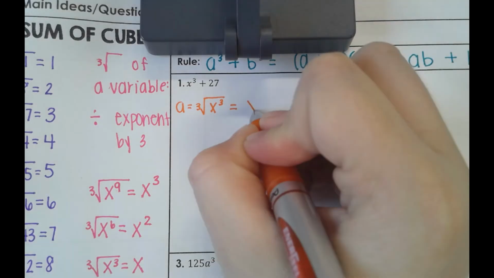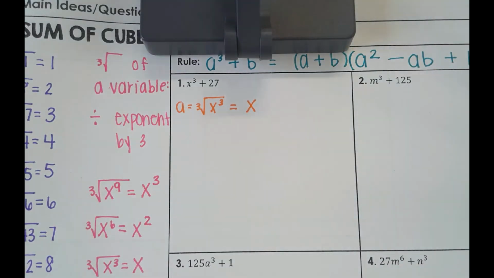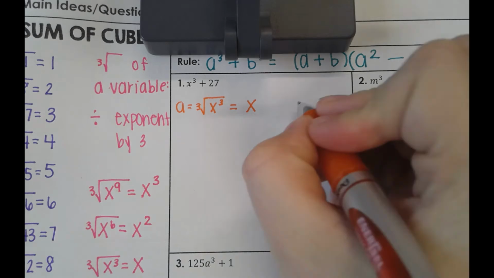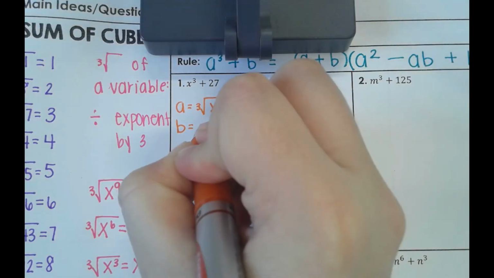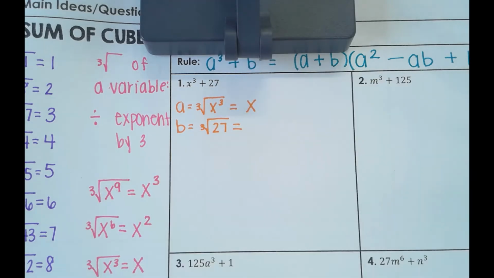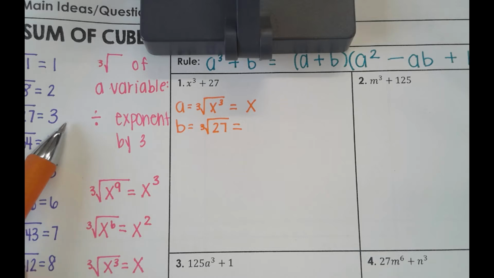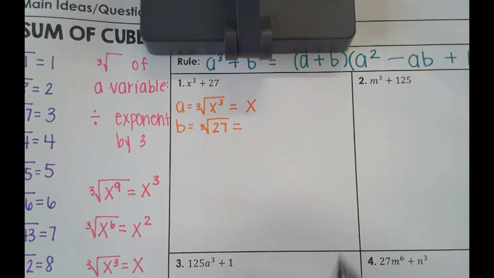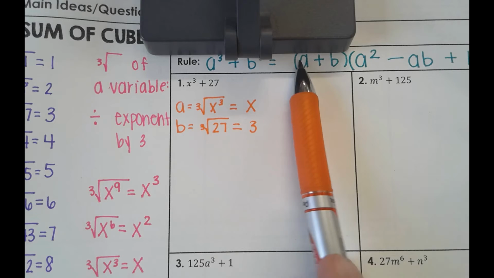X. Good. You wrote it right here, hopefully. I told you to write it. Then the b, that's the cubed root of 27, which is 3. Not so bad.